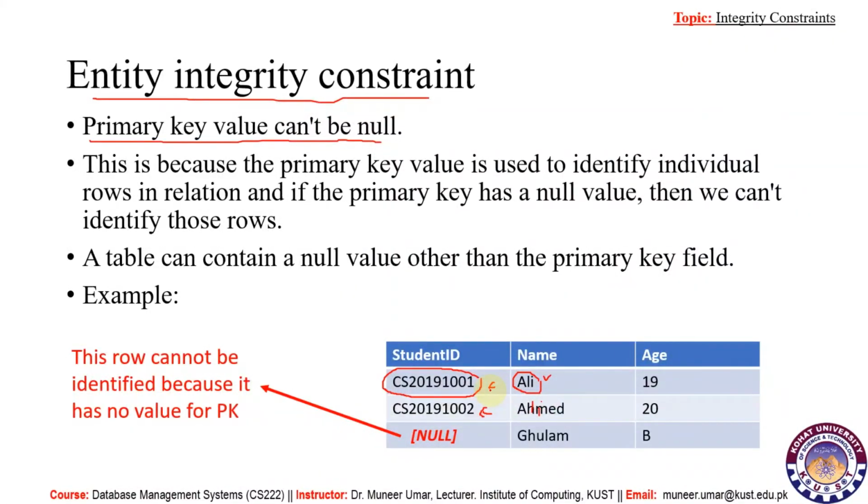And there is another thing, that suppose we don't provide the registration number for a student record, then we may face issues with that record in case we get two ghulams, both have null.